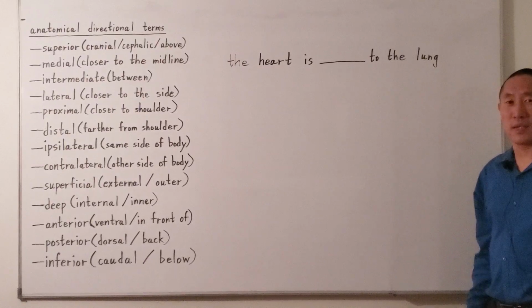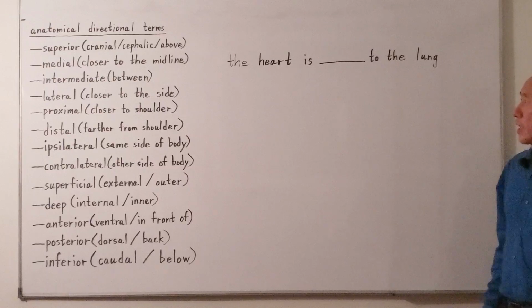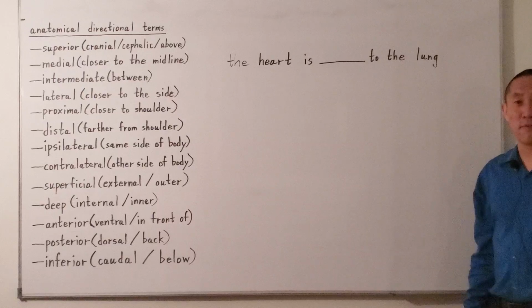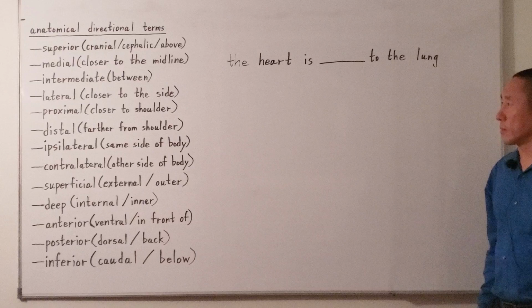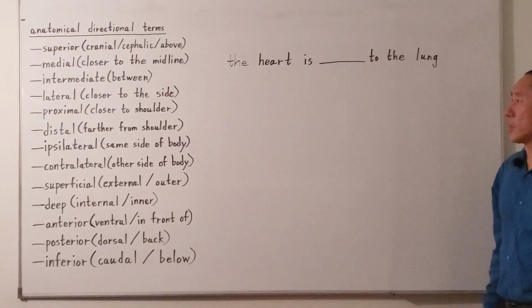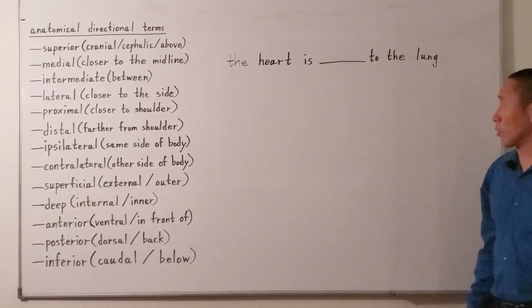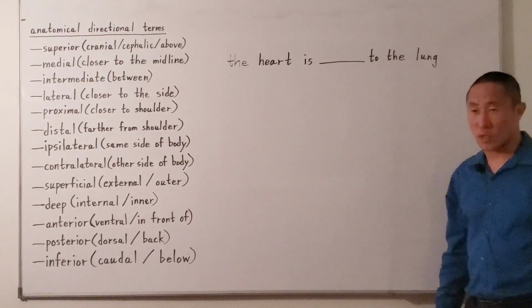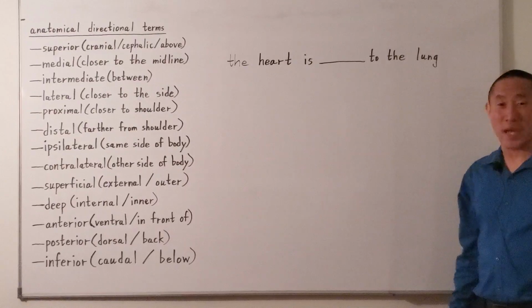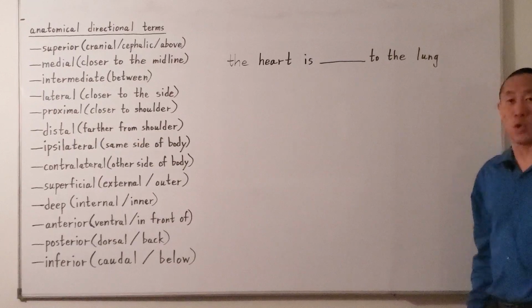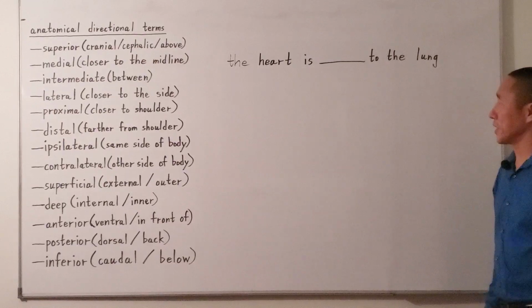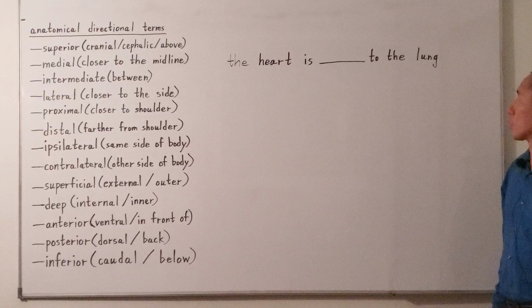It could be a question like this: the heart is what to the lung, as far as location? Students often get confused by using the technical term directly right away. So instead, use a regular term first to describe the relationship between the locations of the structures.